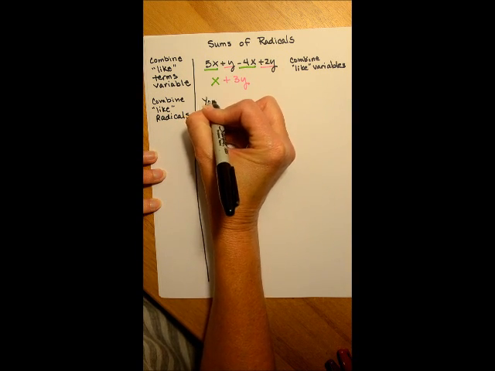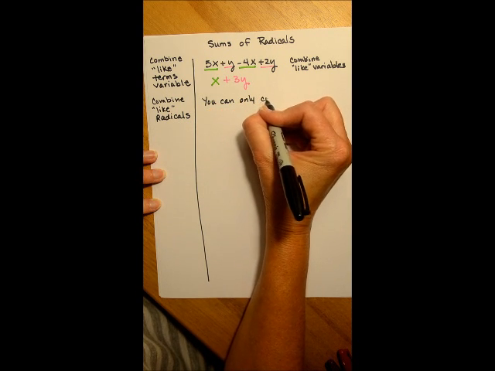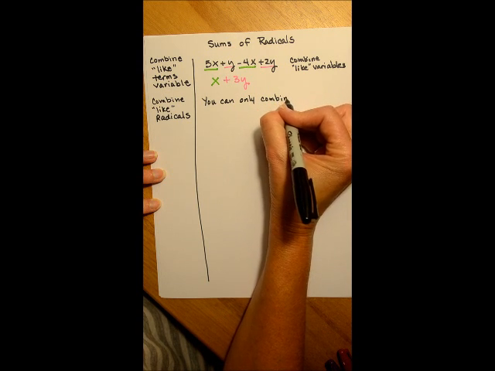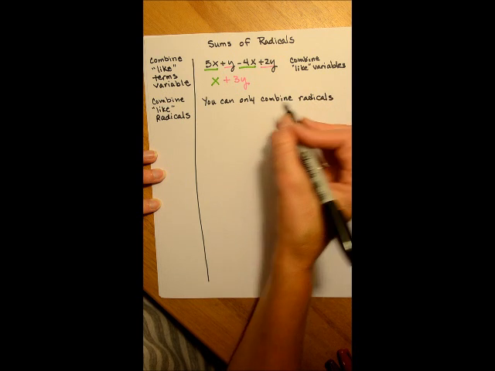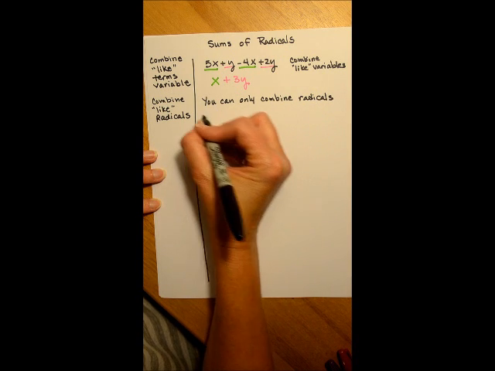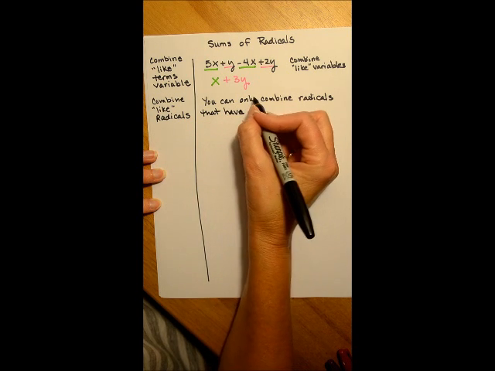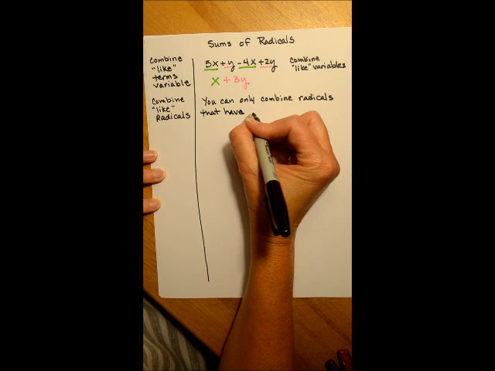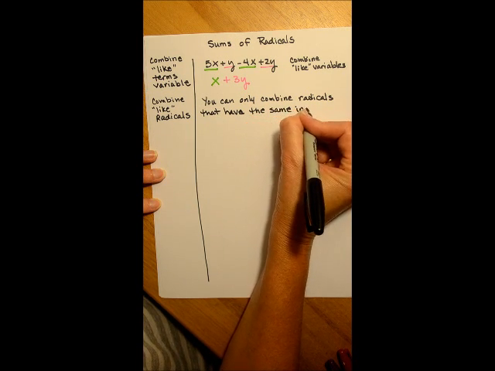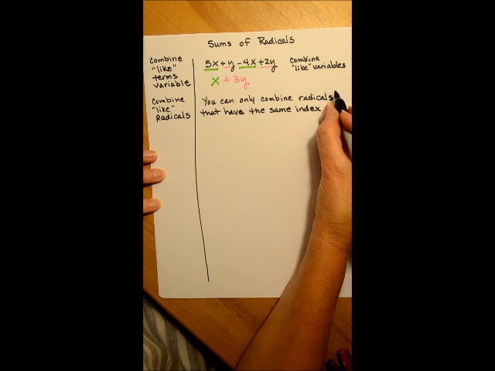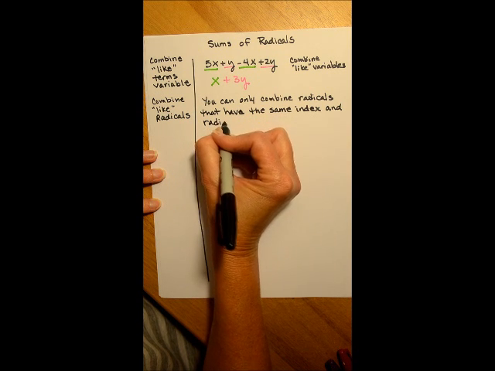So we're going to put this right here. You can only combine radicals that have the same index and radicand.